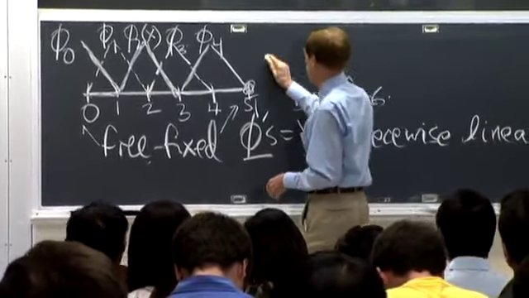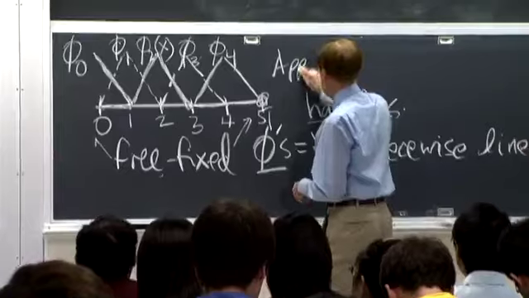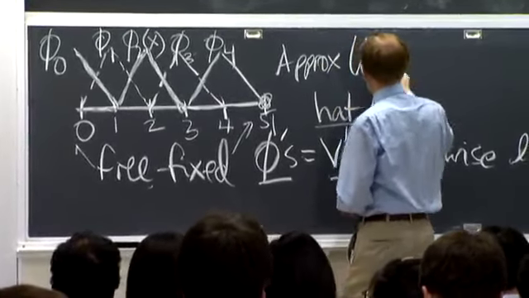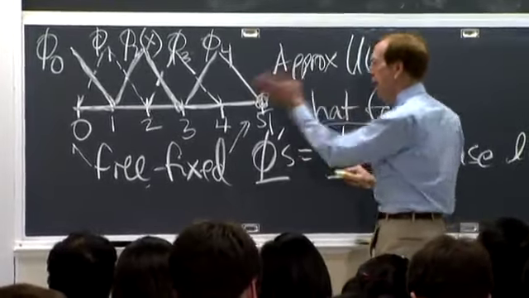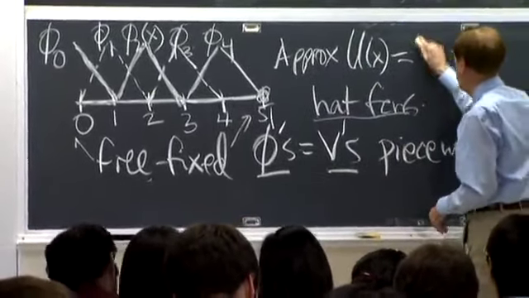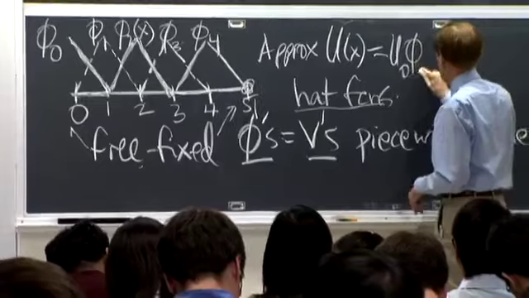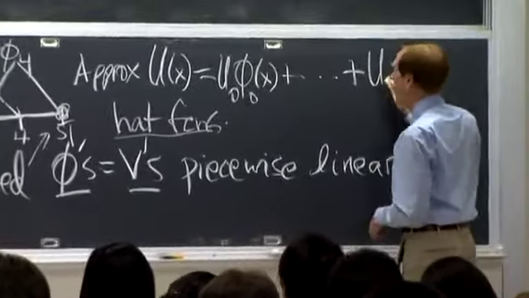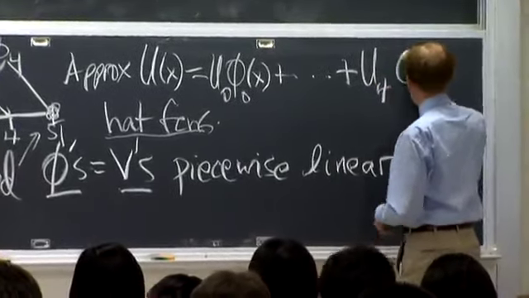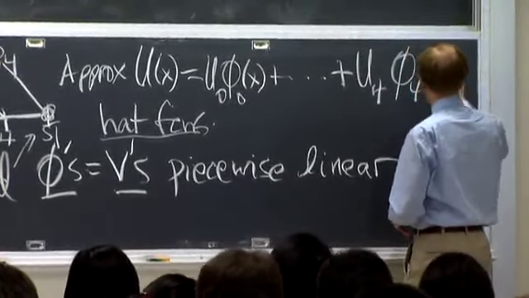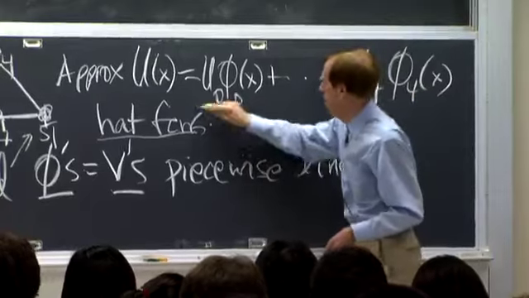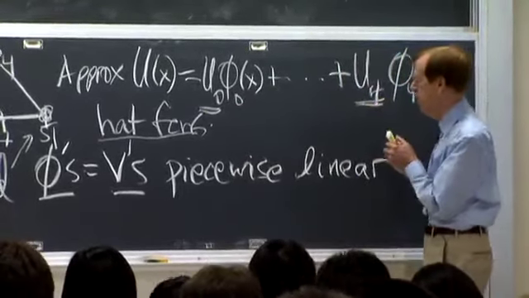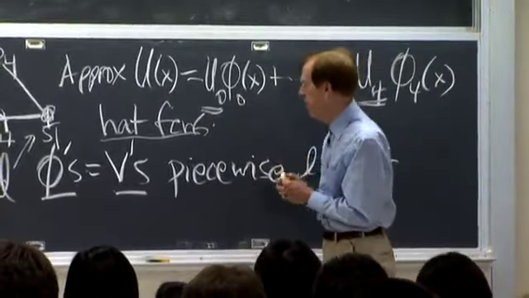My finite element solution u of x is going to be a combination of those: some u0 times the phi0 function, up to u4 times the phi4 function. And these are my unknowns, u0, u1, those numbers. I have 5 unknowns, and I'm using hat functions.